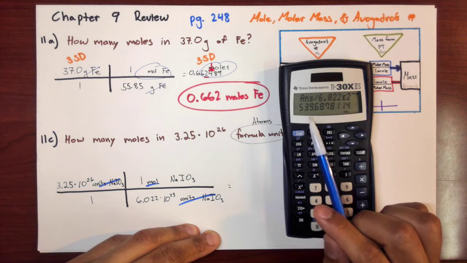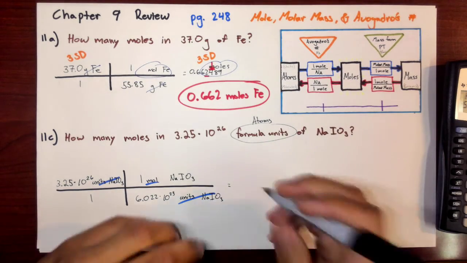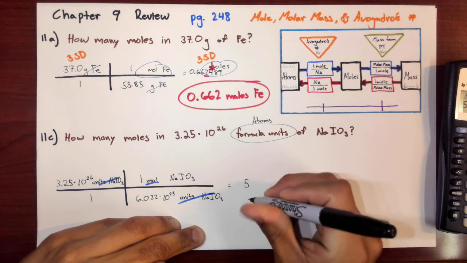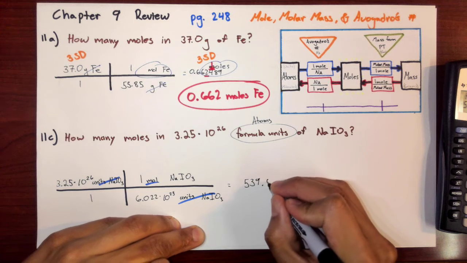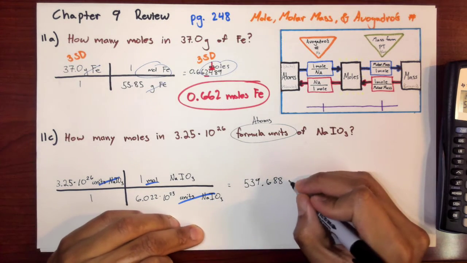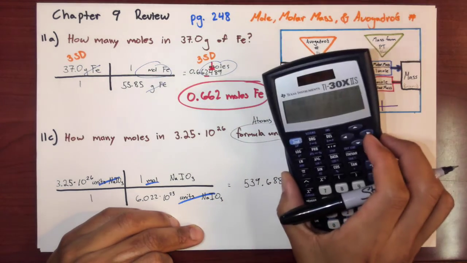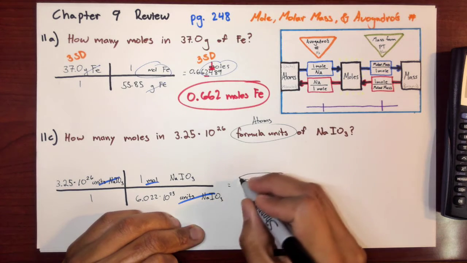We have 539.6878. Let's go ahead and write that down. 539.68, and we could just round here. Let's not forget, nope, that's it, there's not times anything. Okay, so this is the answer that we got.